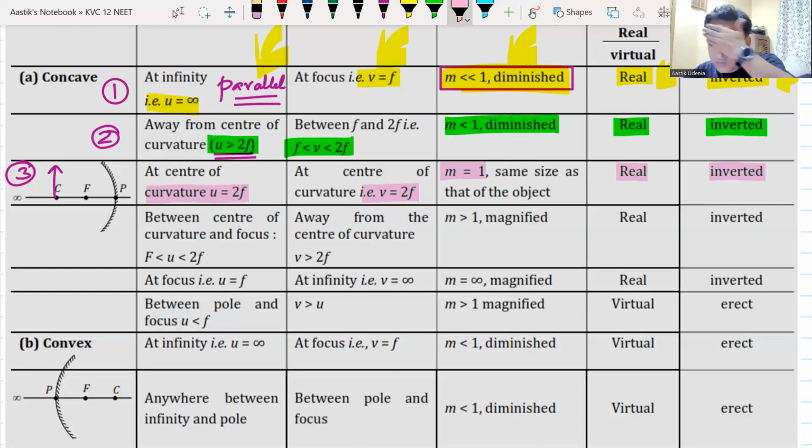You just need to note down what I've highlighted. The important point is the highlighted part. English, Hindi, Tamil, Telugu, Kannada, doesn't matter.